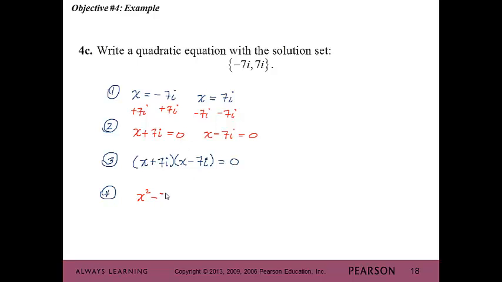And then we get minus 7ix plus 7ix minus 49 i squared. Our middle terms cancel out. Remember that i squared is the same as saying negative 1. So now we have x squared plus 49 equals 0. And here's your quadratic equation.